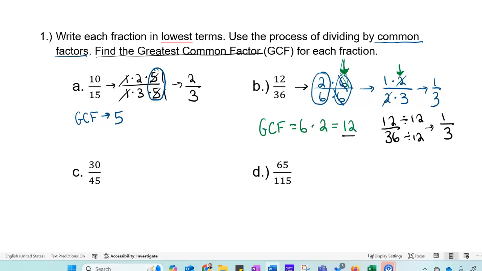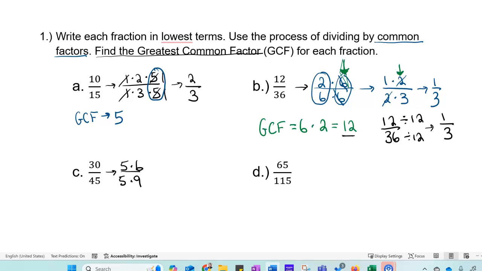All right, so for C, looking at this, I know that 5 times 6 gives me 30, and I also know that 5 times 9 gives me 45. So I'm just going with factor pairs, numbers that are multiplied together to get the numerator and denominator.